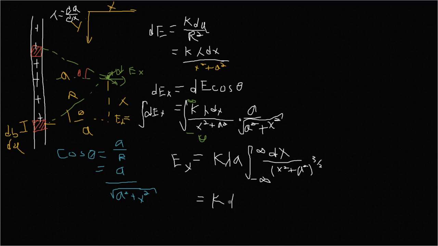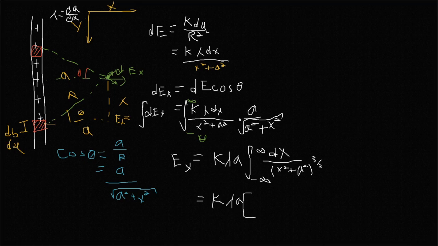So k lambda a. If you've taken a Cal 2 class, then this should be fairly obvious, and you would probably be in Cal 2 if you're taking electricity and magnetism anyway. So we're actually just going to write up the proper integration.